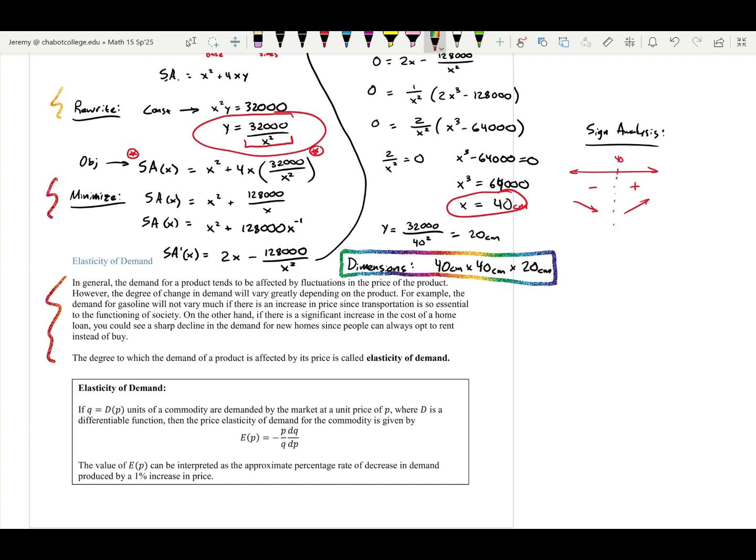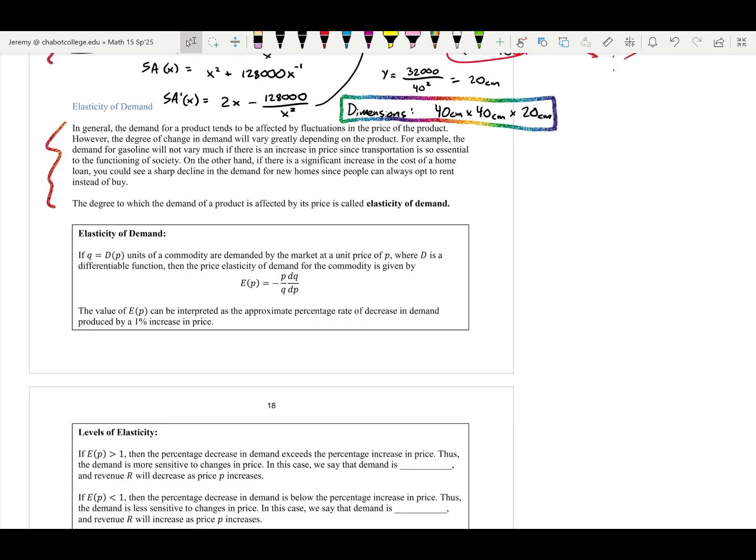Or if like a particular fruit, like you might love mandarin oranges, but if they go up to $6 a pound at the grocery store, you might just not buy mandarins. You might just buy navel oranges instead, right? So the degree to which the demand is affected by increases in the price is what we call elasticity of demand.